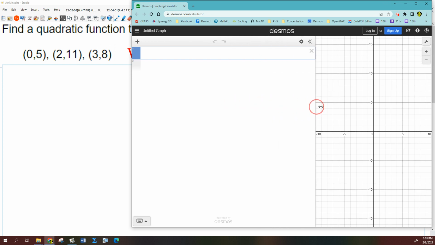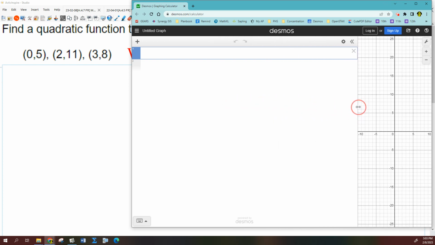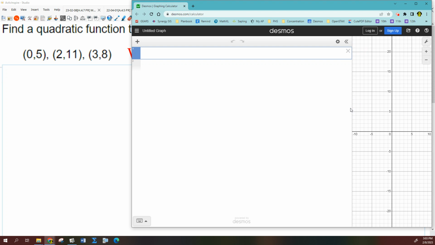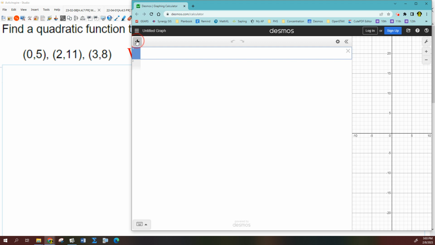Okay, I really don't need the graphing part. How would I do that? If I know the coordinates of 3 points that are on my parabola, what could I do? Put them in a table. So I go plus table, and then just enter the ordered pairs, right?